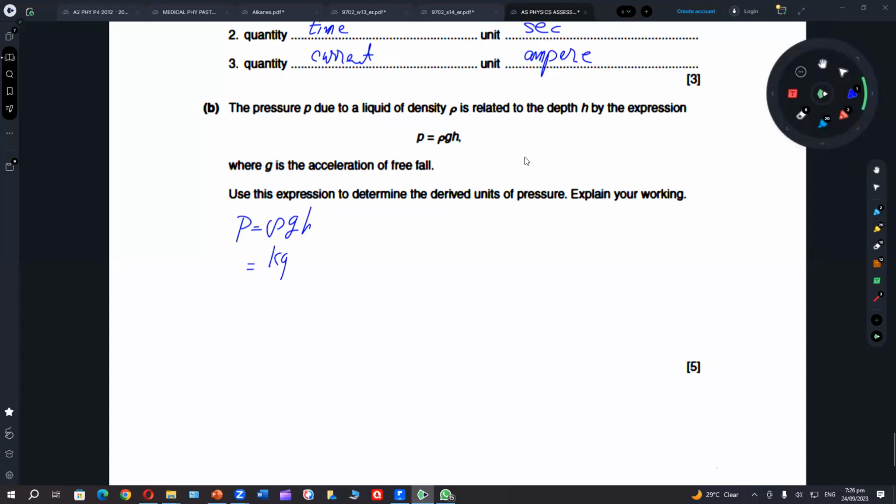So rho is kg meter cube, into m s minus 2, into meter. So look at this working, a short working.